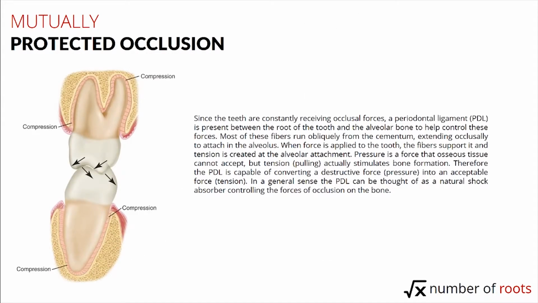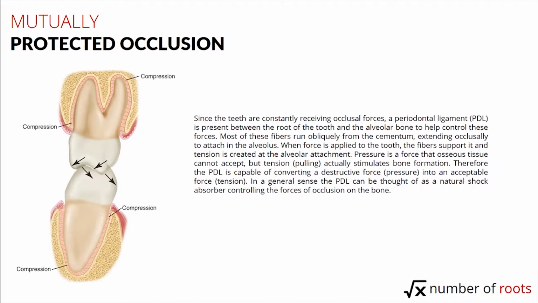Okay, so along with the number of roots, you have this idea of periodontal ligament. So the PDL acts as a natural shock absorber to be able to absorb all these forces. So you think about, if you have a greater number of roots, you have a greater surface area. A greater surface area means that obviously you have more ligaments attached to the tooth that connects it to the bone.